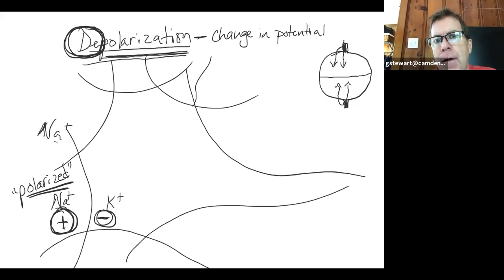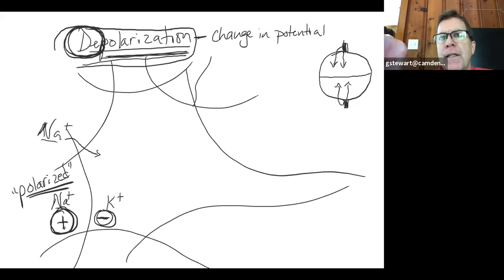Sodium ions out here, when they flow into the cell, that is an act of depolarizing the membrane because we're making the outside of the cell less positive and the inside of the cell less negative. So when sodium ions go into the cell, we depolarize.